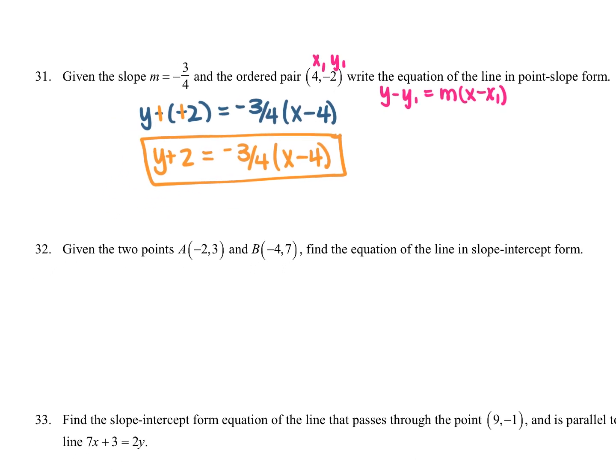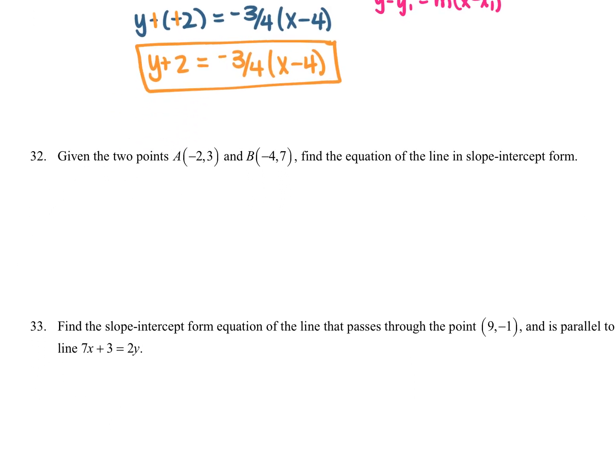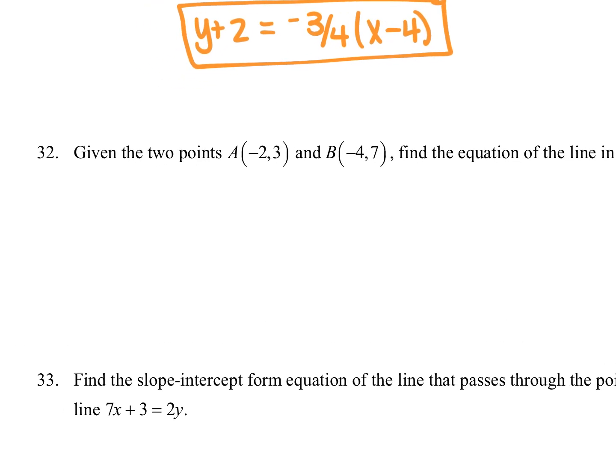For number 32, you're given the points negative 2, 3, and negative 4, 7. You're finding the equation of the line in slope-intercept form. So first thing we got to do is find the slope. If we find the slope from these two, we're going to have 7 minus 3 over negative 4 minus negative 2. 7 minus 3 gives us 4.